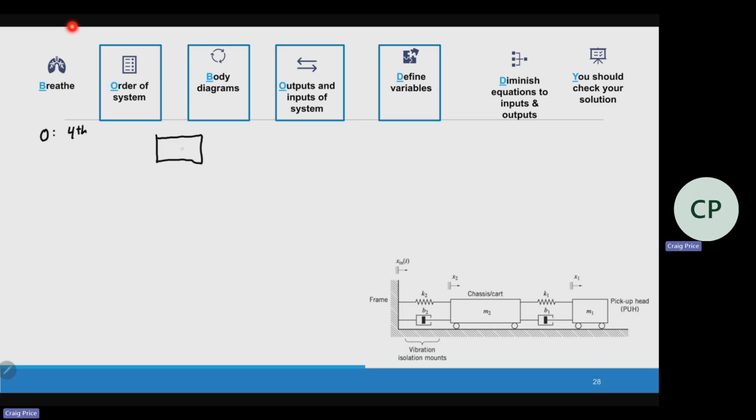So this is going to be mass 2. This is going to be mass 1. They say the chassis in the cart is mass 2, which correlates with x2.